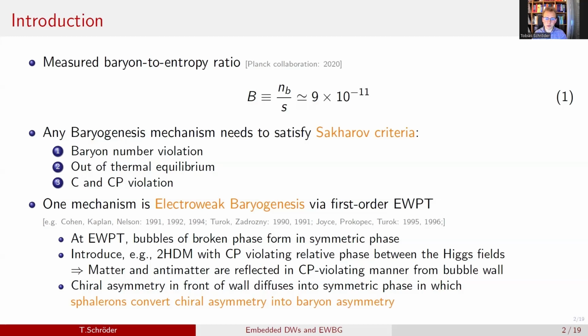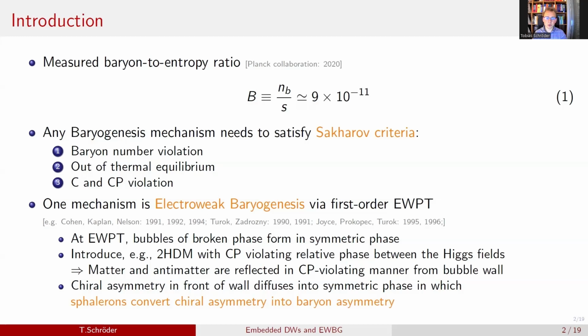At the electroweak phase transition, bubbles of the broken phase nucleate within the symmetric phase and then expand with relativistic velocities. If one introduces, for example, a 2 Higgs doublet model with a CP violating relative phase between the 2 Higgs doublets, then matter and antimatter will be reflected in a CP violating manner from this bubble wall.